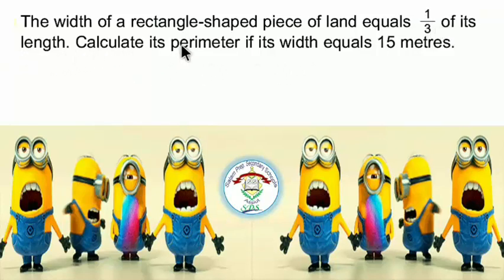Calculate the perimeter if its width equals 15 meters. Take care. To find the perimeter of a rectangle, you should have length and width. Given only width equals 15 meters. Okay? You should find the length.